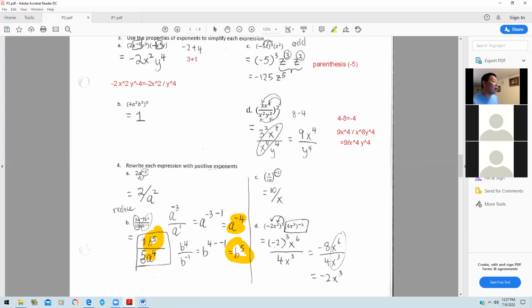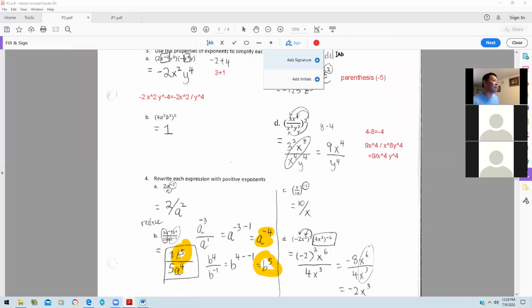Okay. Next thing is, if you have the whole thing to the power of -1, the negative here means you just need to flip-flop.